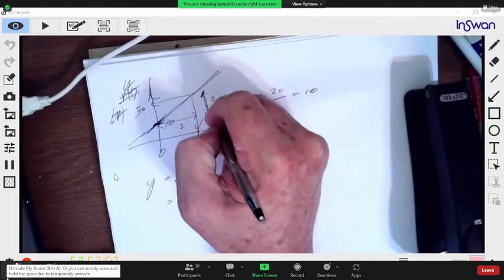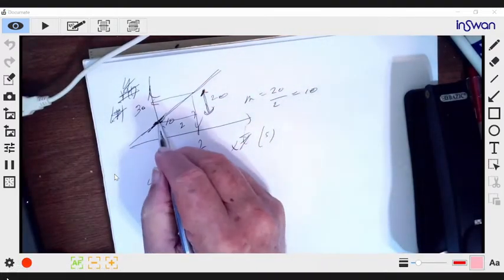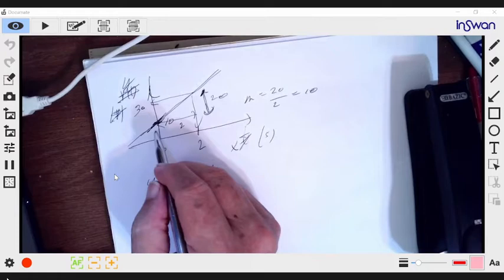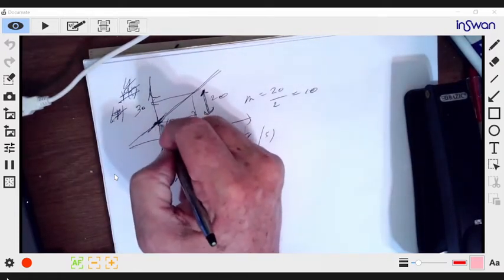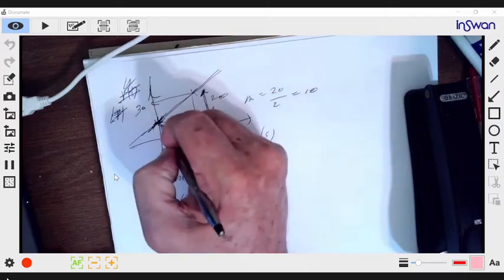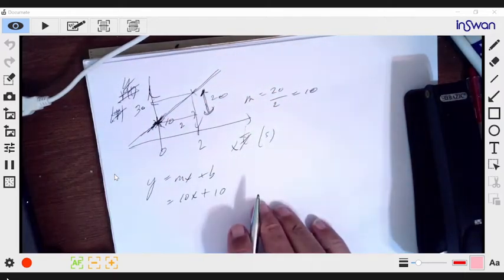This is the rise: you go from 10 to 30. You go from 0 to 2. Those are the two points on the graph. Can't believe we don't know how to find the slope of a straight line. What is that, grade 10? Grade 11?